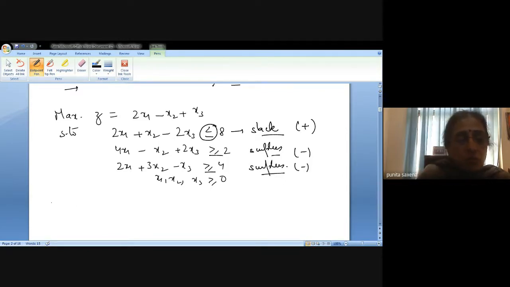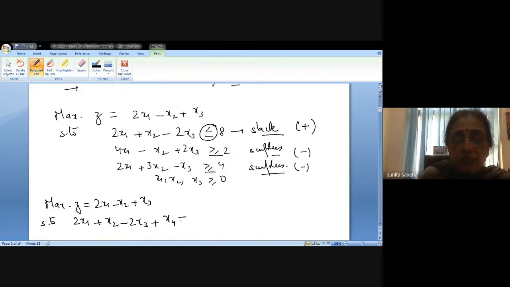So when you rewrite this problem, I will not write anything with regard to slack and surplus in the objective right now, but your first constraint will have an addition of a slack variable x4, and its coefficient in the objective function will be 0.